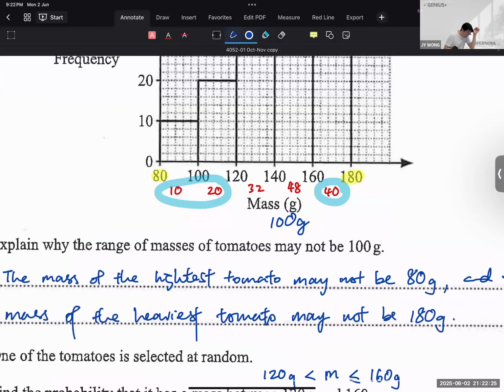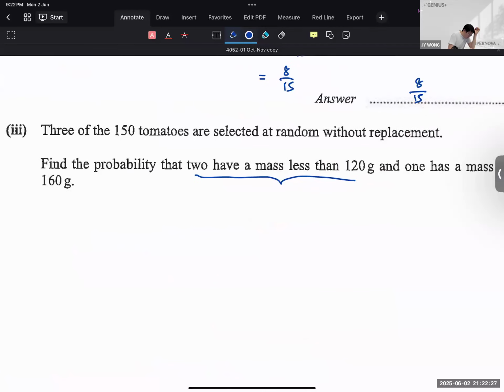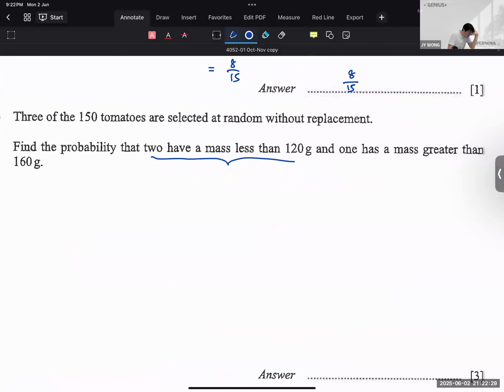So the probability that 2 are less than 120 and 1 is greater than 160 will be equal to what? We deal with the 2 that are less than 120 first. So the first one is 30 out of 150. Agree? There are 30 such tomatoes, right?